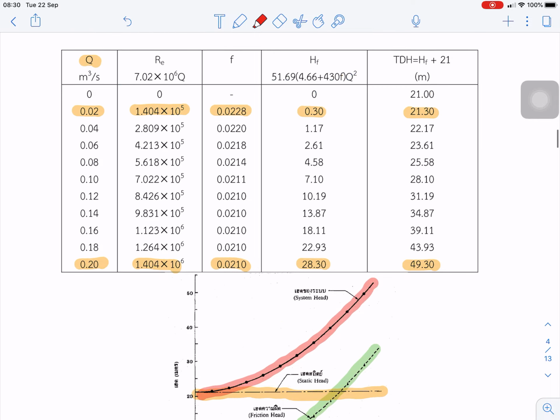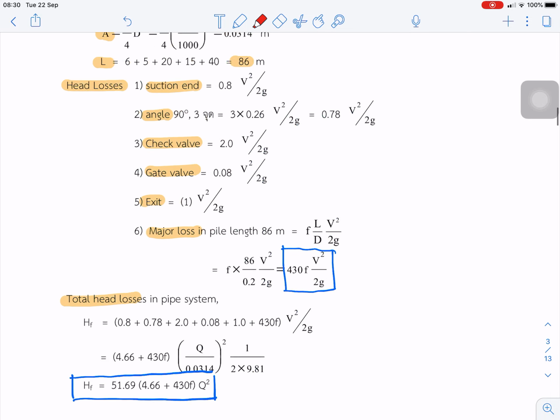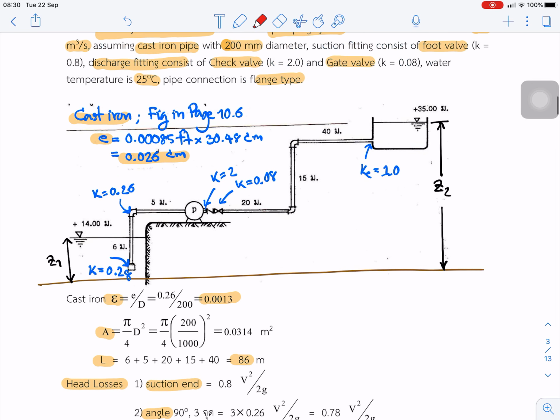In this problem, if we want to find the head of the pump, we can start with the Bernoulli equation.